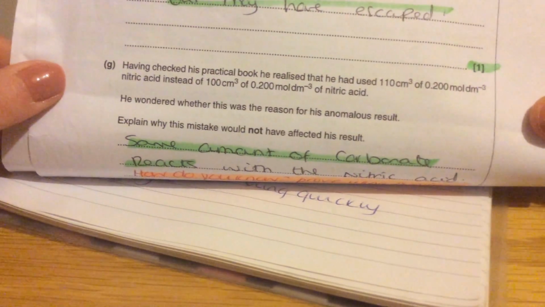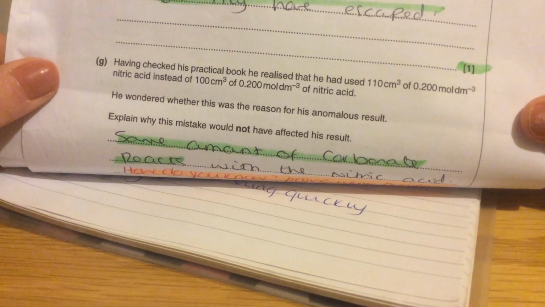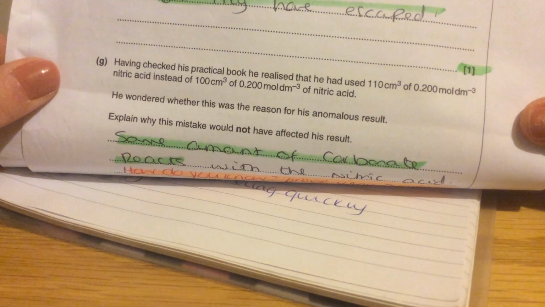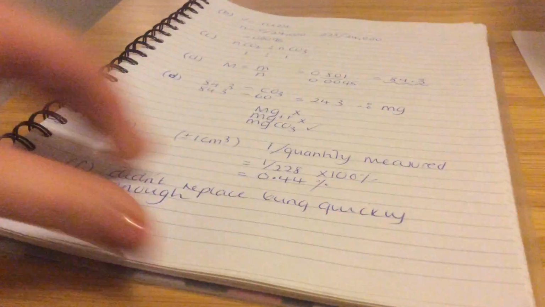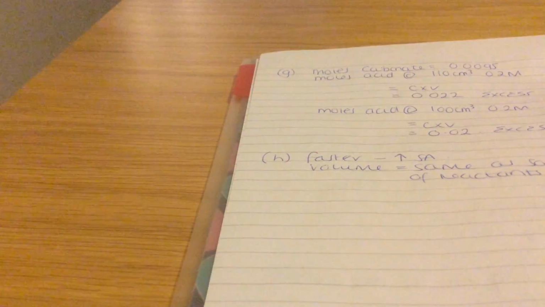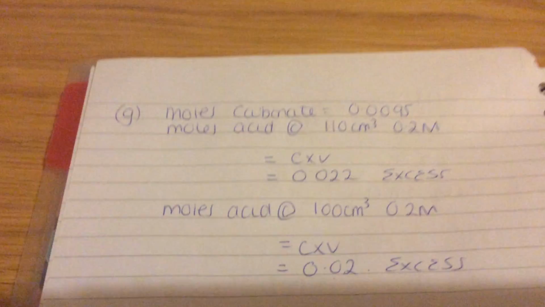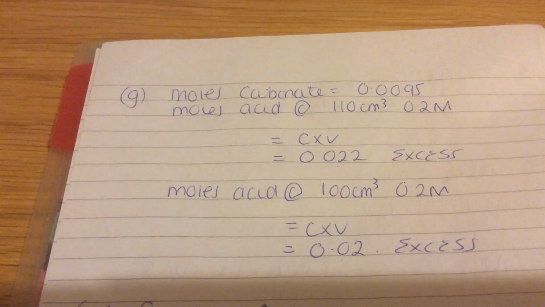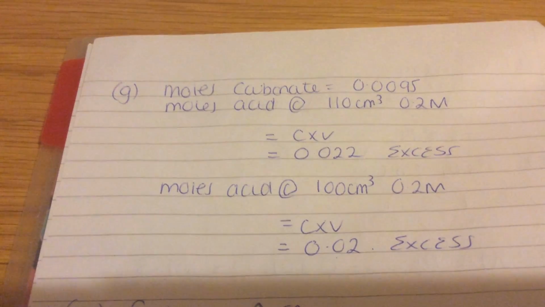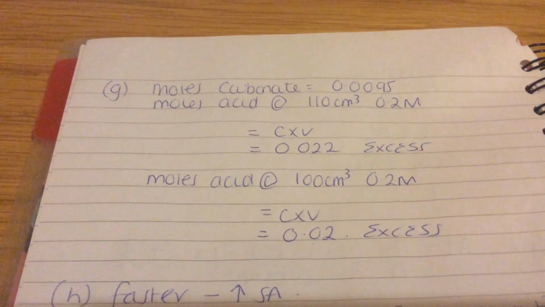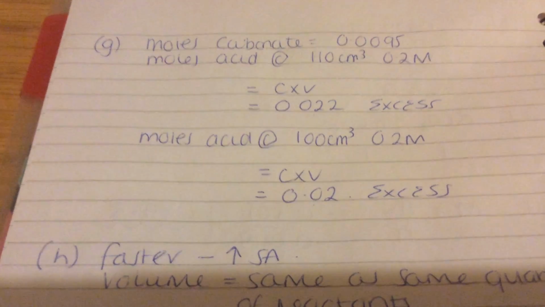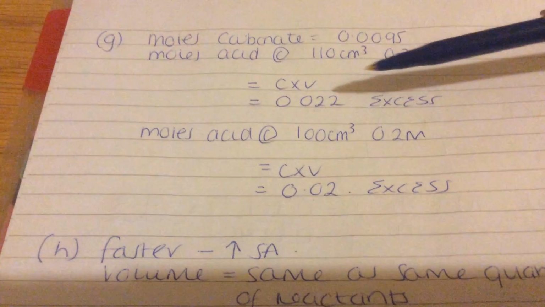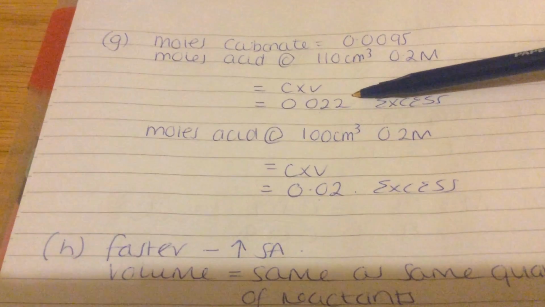The next question, checking the practical, the student realised they've used more nitric acid than they should have done, and thinking about whether or not this is going to have an impact. What you need to do here is consider the quantities in terms of moles. Now, if we look at the moles of carbonate that we used, we know that it's 0.0095. We've calculated that earlier on. If we look at the moles of acid we use, if we're using 0.2 molar and we are using 110 centimetres cubed, then we find that the number of moles we use is 0.022.